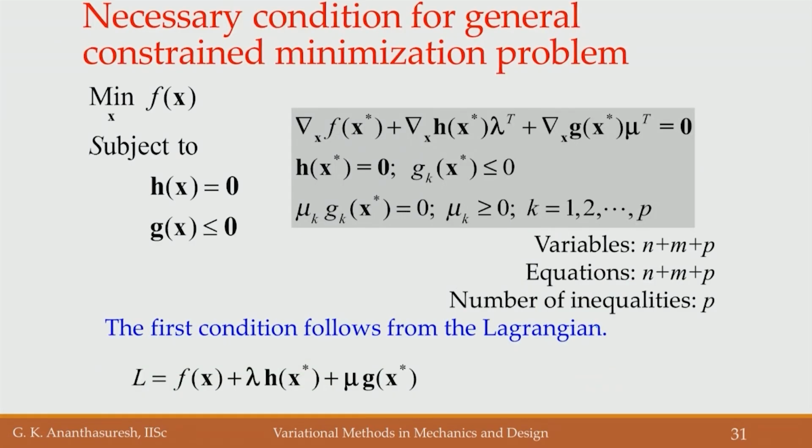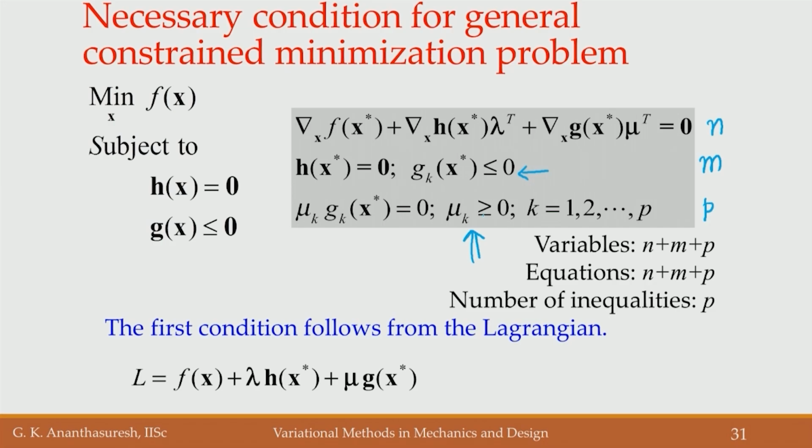So, now we also add those necessary conditions. There are n equations here, m equations here, and p equations there. Additionally, we have these inequalities and then further inequalities here, that the Lagrange multipliers corresponding to inequality constraints have to be non-negative, positive or 0.